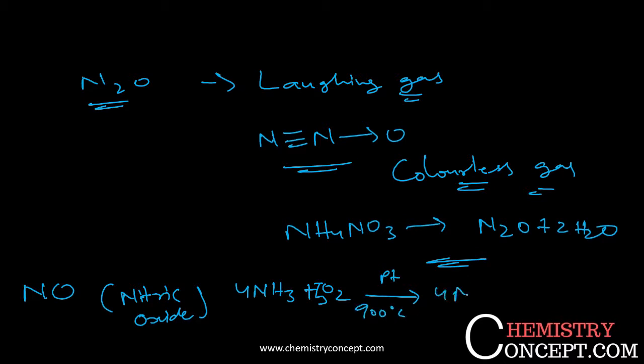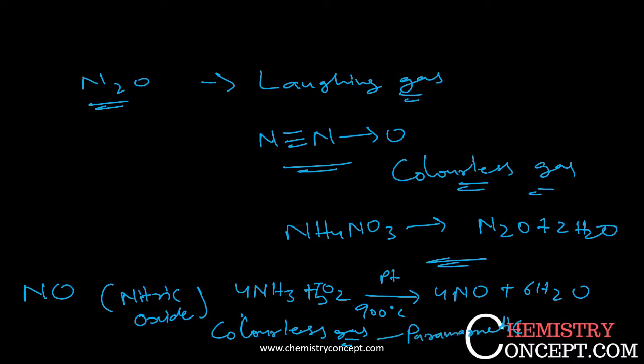We will get nitric oxide and water. This is also a colorless gas, and this is paramagnetic, since the total number of electrons is 15. Since it is odd, it is paramagnetic in nature.